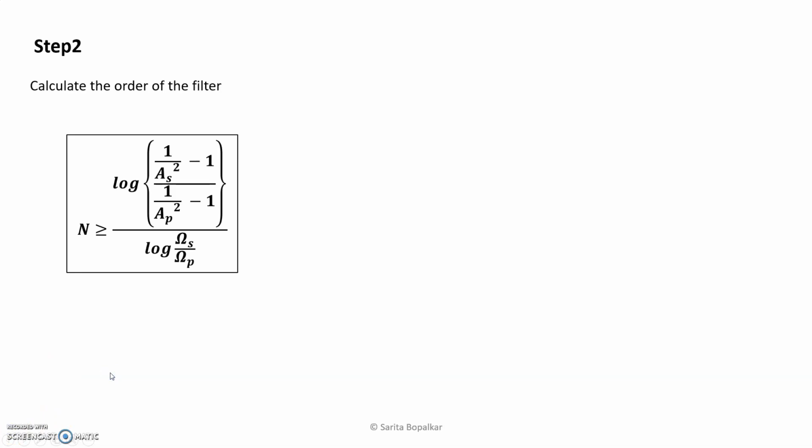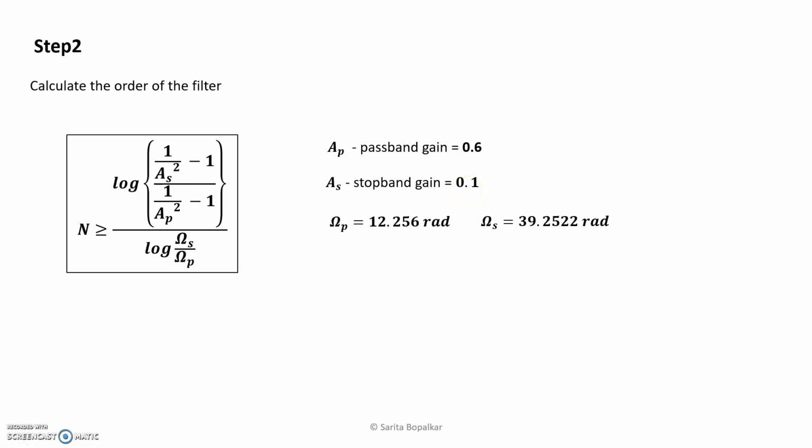Second step, calculate the order of the filter. To calculate the order of the filter, we have converted the given attenuation in dB into linear gain. That's why we can use this formula. AP is 0.6, AS is 0.1, and Ohm S and Ohm P we have calculated in the first step.